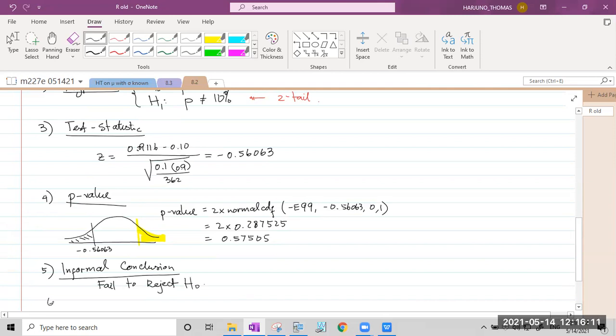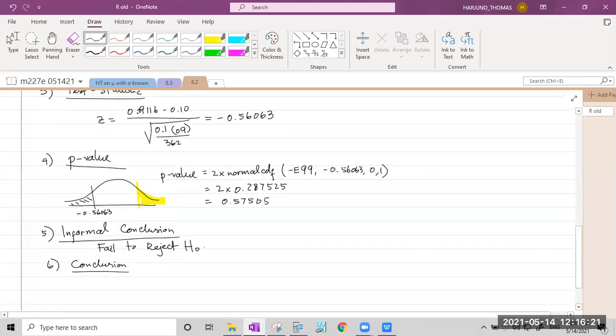And then formal conclusion. At 5% significance level, yeah, we try to reject the null hypothesis, right?